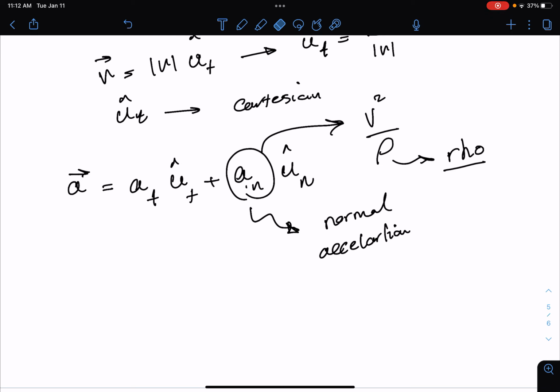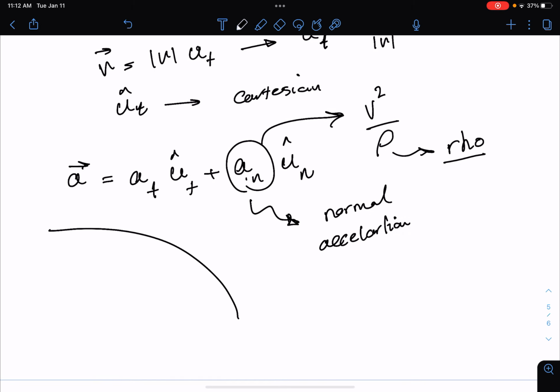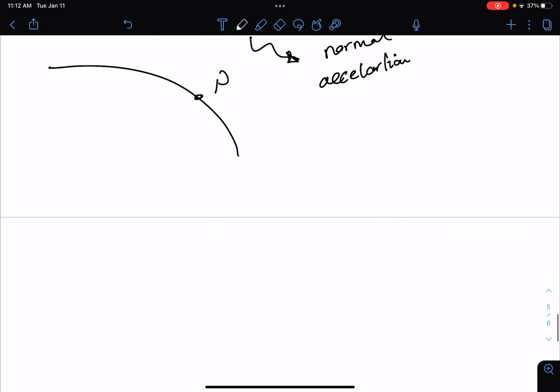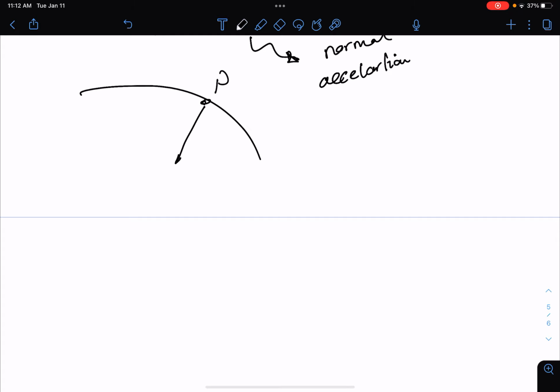It is velocity squared, isn't it? It is velocity squared, yes. What does rho equal again? It's the curvature of this path. Let's say you are moving on this path. This rho is the distance at this specific location, the position vector from this point to the center of this circle.